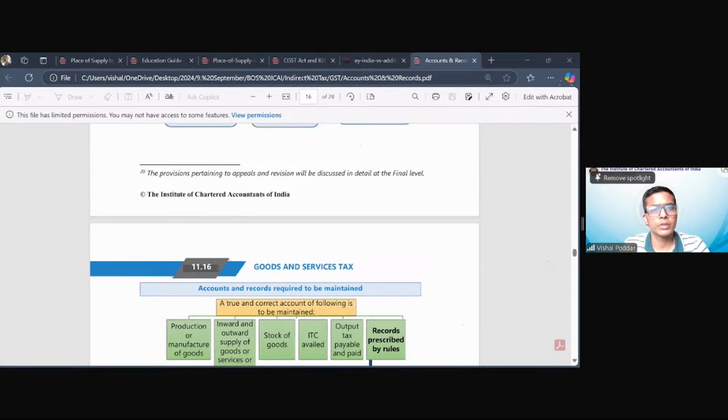Good. Now, this question is pending. Nitish, your question, right to use and rights. See, what I understood from the question's name is, in one entry, they are talking about sale of rights.